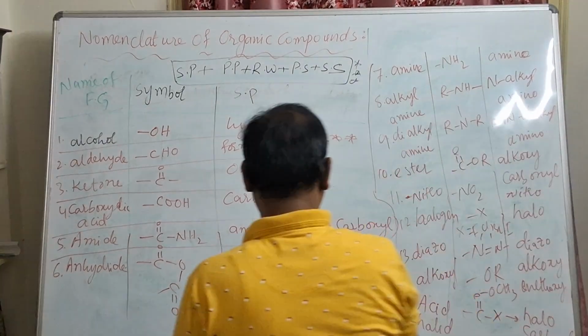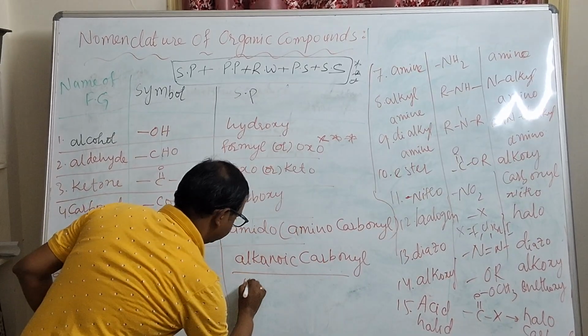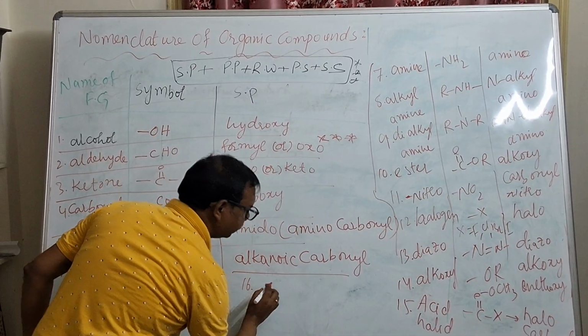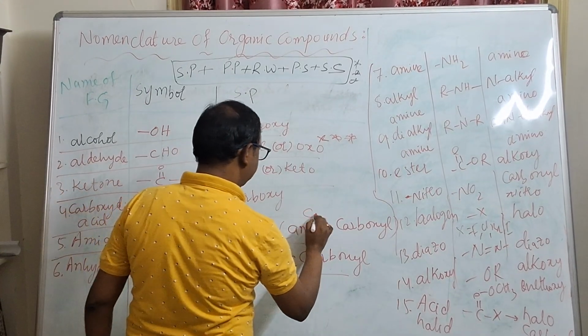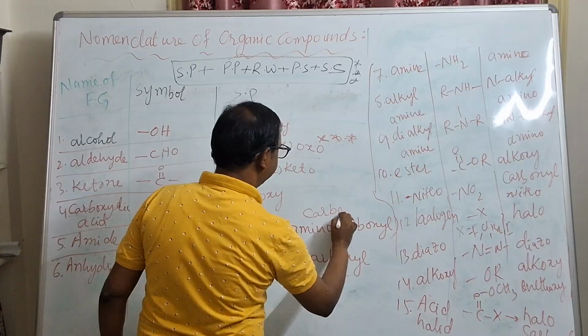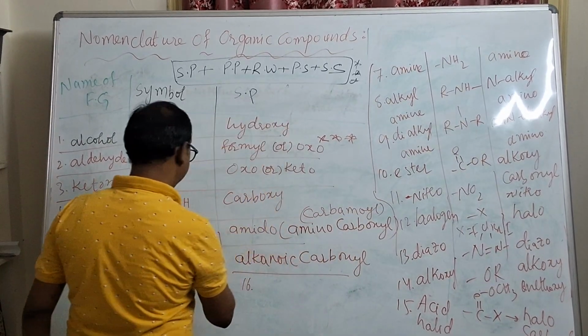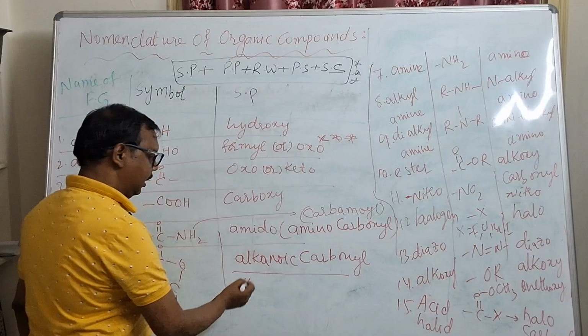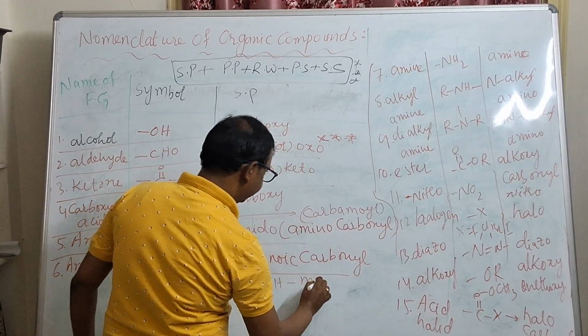Okay, 16th here, you can see. Amide can also be written as aminocarbonyl or carbamoyl. We can write directly as carbamoyl for the amido group. Keep that in mind. And the 16th, SH, mercapto, we call it mercapto.